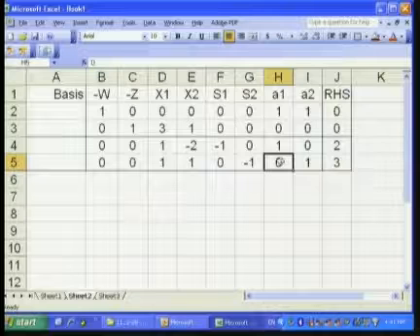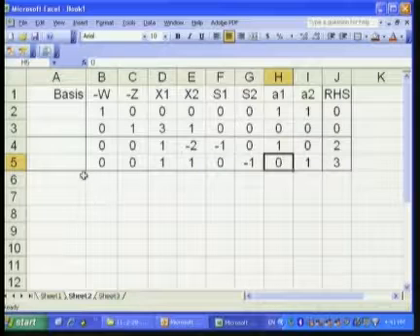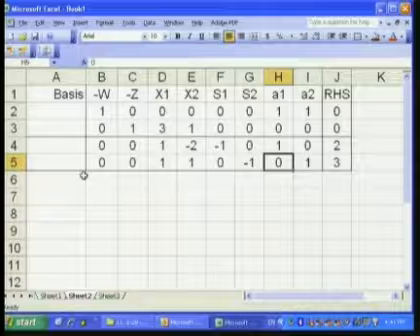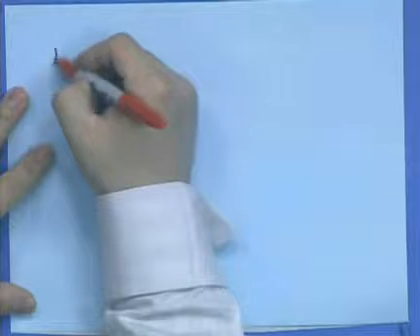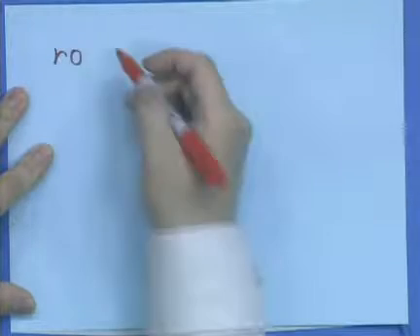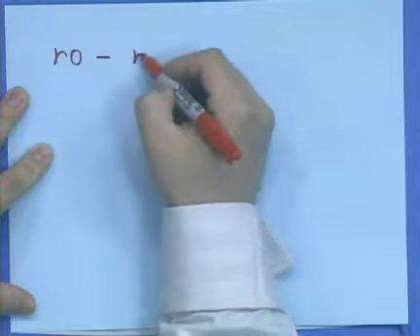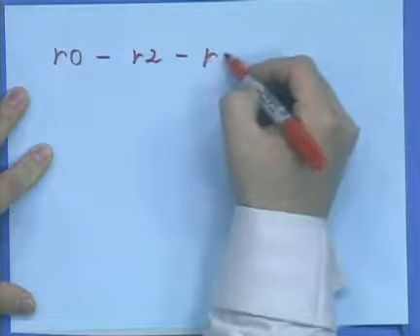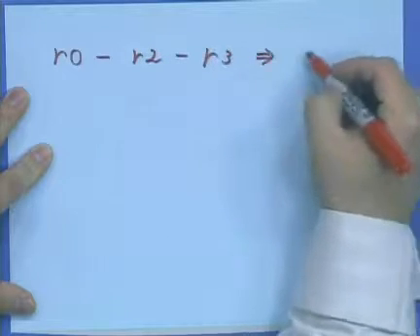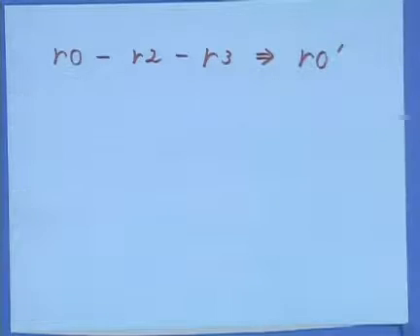We need to do this calculation at the same time. So the first row minus the third row minus the last row becomes a new first row.